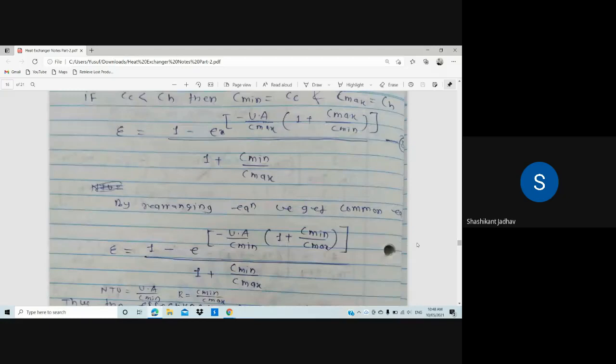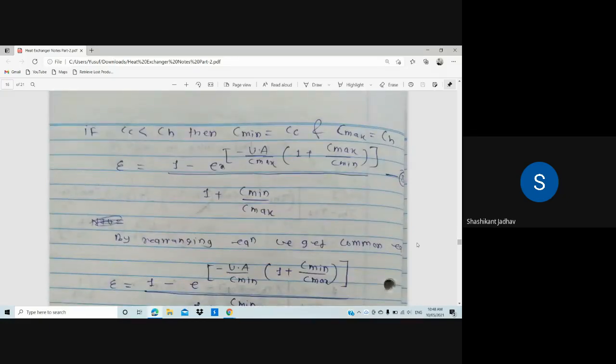In the second condition, we have to consider the CC is less than CH. Okay, all of you write down.